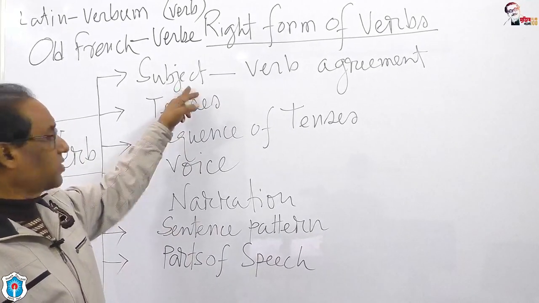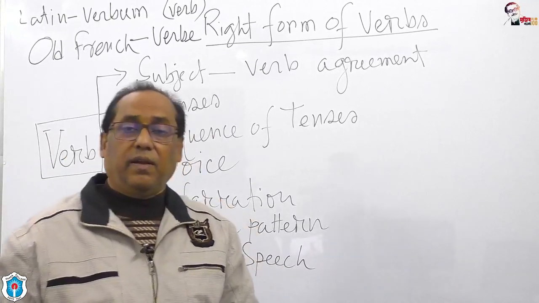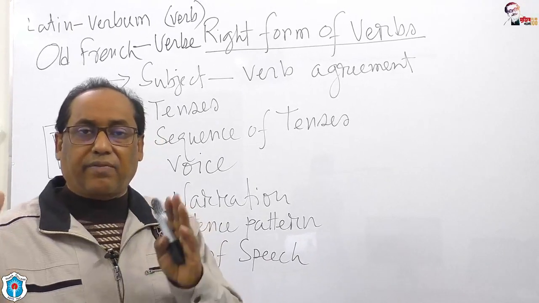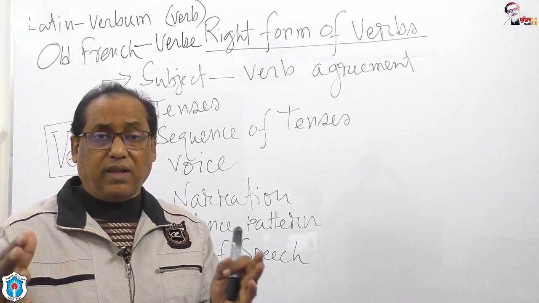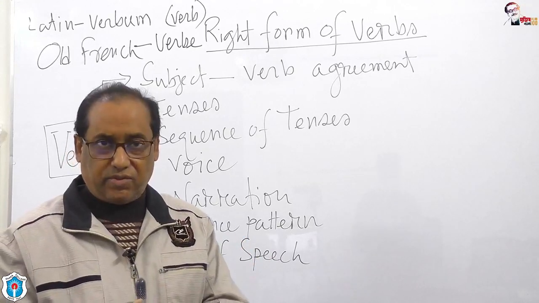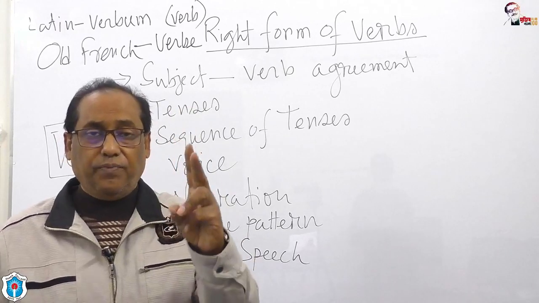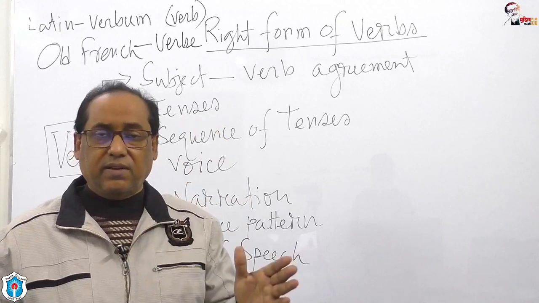At first, subject. You must know subject to make a right form of verb. And what are the matters with subject? There are two items. First, person and number.